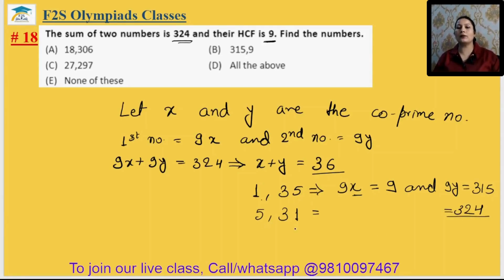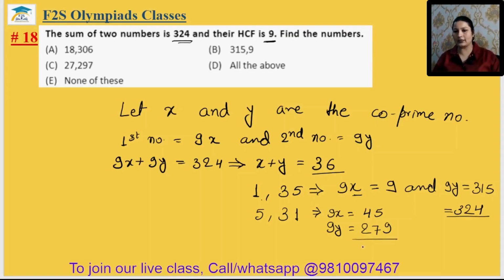If we take 5 and 31, the first number is 9x, 9 fives are 45, and 9y with y equal to 31 is 9 multiplied by 31, which is 279. If you add 279 with 45, you will get 324 again.